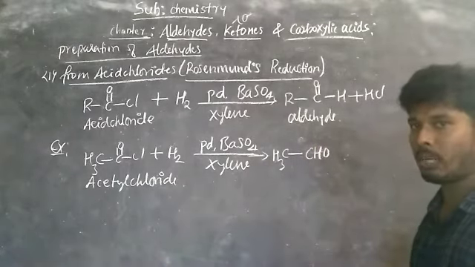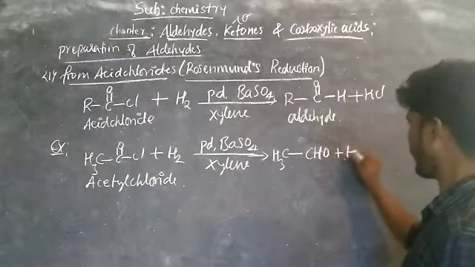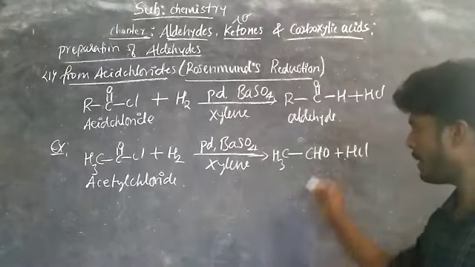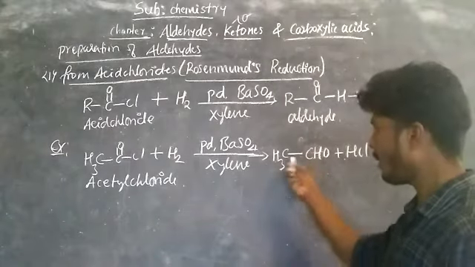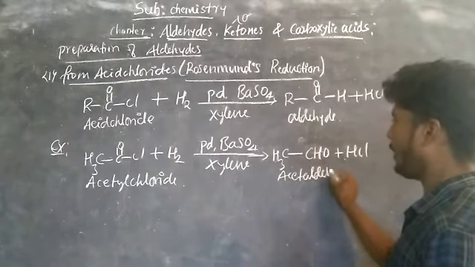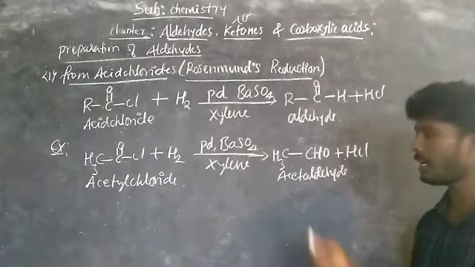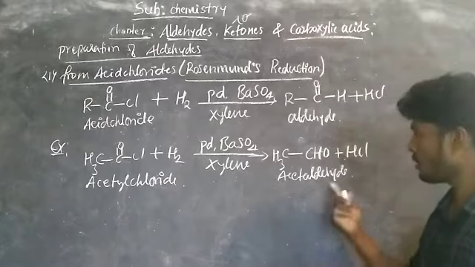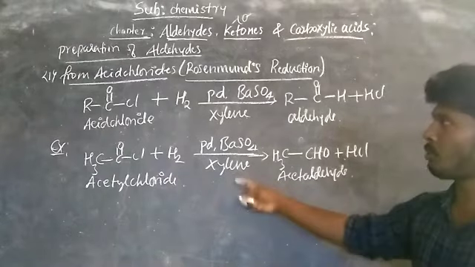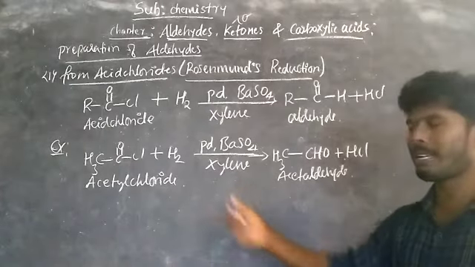Don't write COH, always write CHO for aldehydes, plus HCl. What is its name? Acetaldehyde, or we also call it ethanal. Either you write the IUPAC name or the common name, but the name should be right for the given compound. So this is acetaldehyde. This is the Rosenmund reaction of acetyl chloride to prepare acetaldehyde.